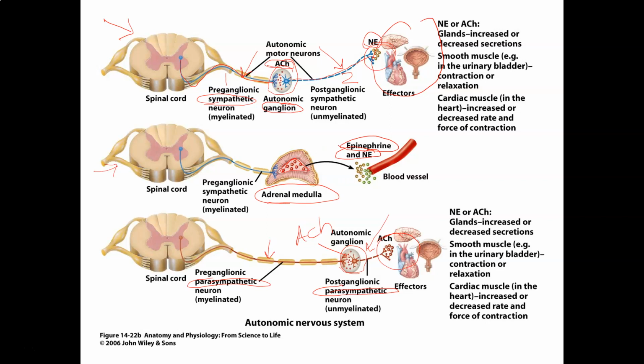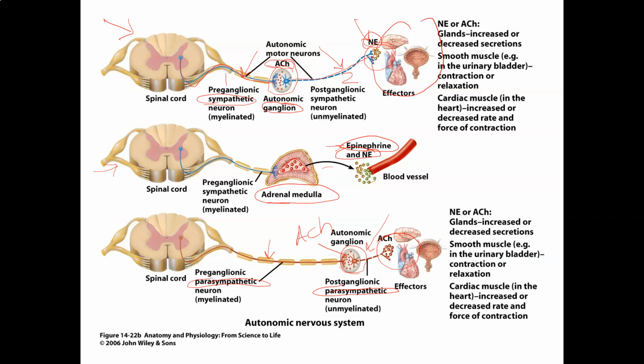They are secreted into the bloodstream, so they are considered to be hormones. Notice in this case the norepinephrine released from the adrenal medulla is considered a hormone traveling through the blood, but up here when it's released from a neuron, we refer to it as a neurotransmitter. Whether it's released in the blood or at a synapse, it's going to have similar effects on its targets.